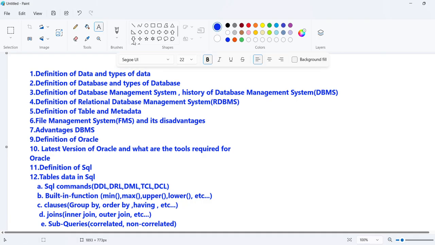Set operations contain some important concepts that are union, intersection, and etc.